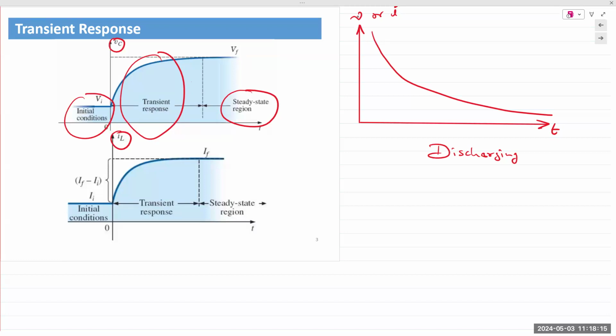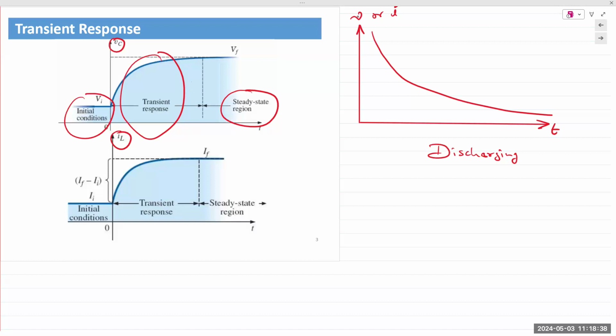At t equals 1, t equals 2, 0.1, 0.2, 2.3, 2.005, any value of t will give you a different value for the voltage or current. Does that make sense to everyone? Right? And so we are going to derive the equations to describe that behavior, the transient behavior.